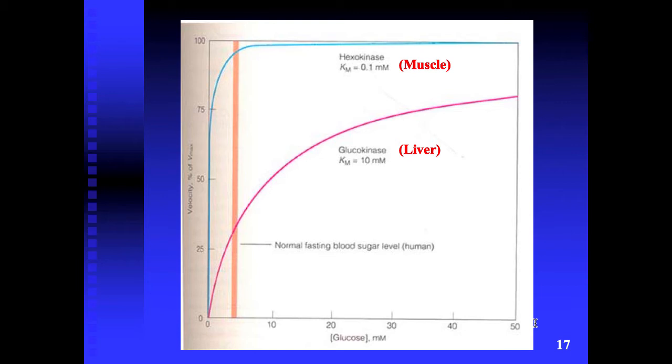See why that's important? So after a meal, the liver has the ability to phosphorylate and trap glucose as glycogen, so it can be released later as glucose.